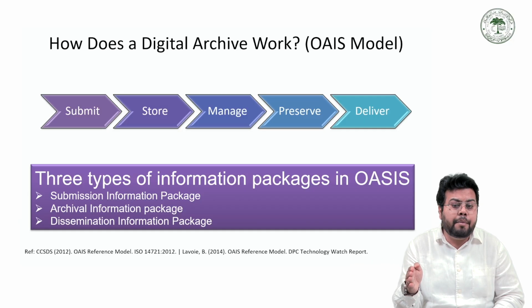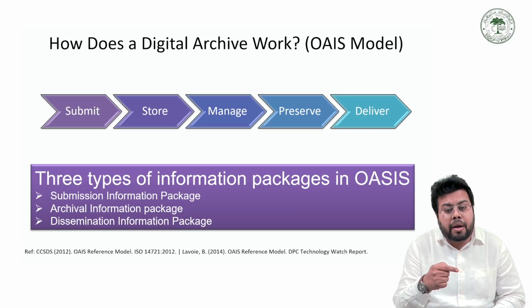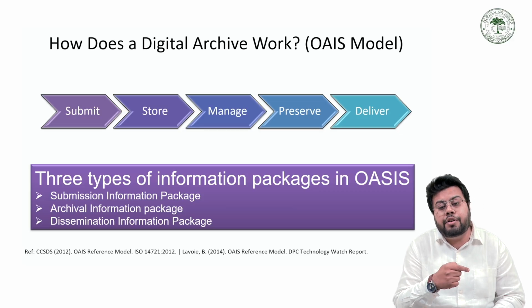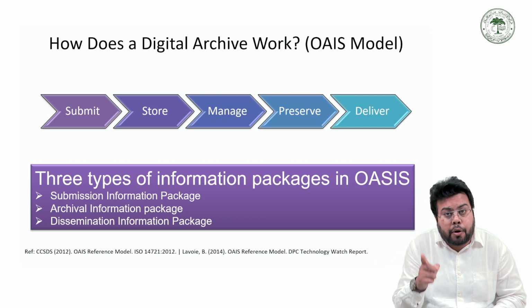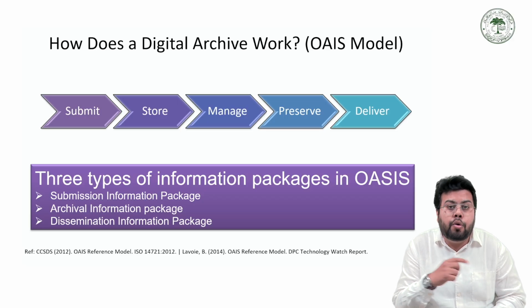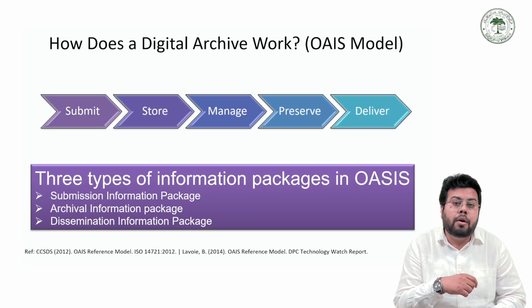The archival information package simply talks about the file as stored inside the archive with all the preservation data. And lastly, we have the dissemination information package. The file or the document is delivered to the user when they request or download it. This is how our digital archive works.